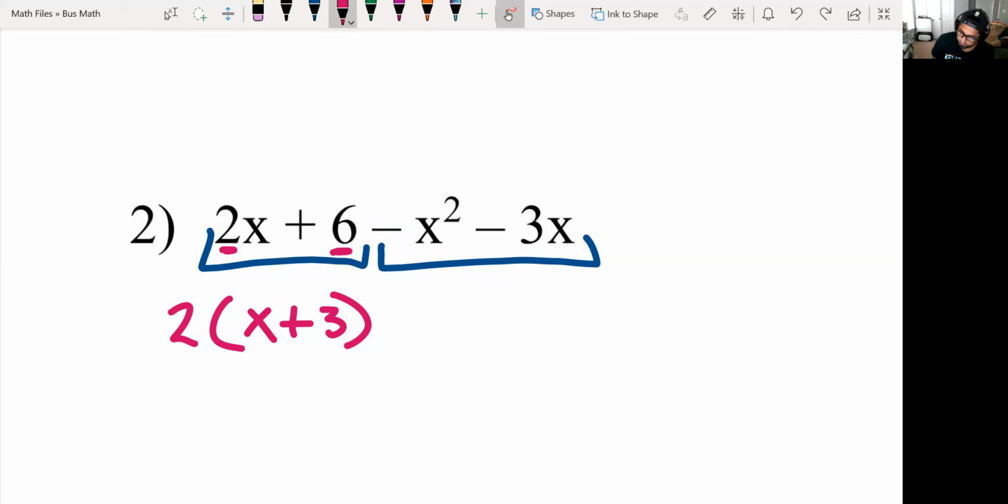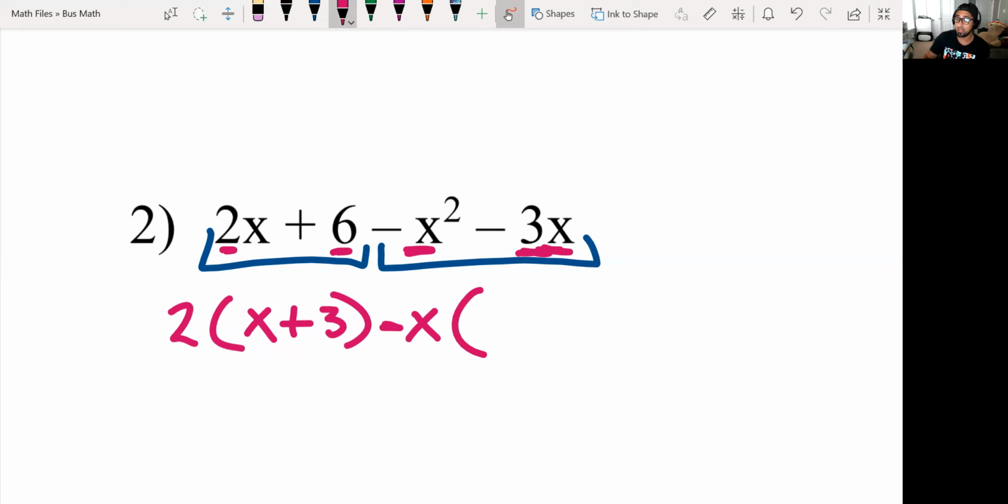So here you have negative x squared and negative 3x, where your common factor is x. What we're going to do here is factor out a negative x. I'm going to put minus x, that's my factor from those terms, and then parentheses.